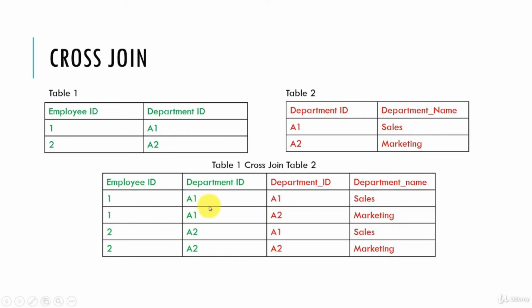So you have 1A joined with sales and marketing, right? And then 2A2 joined with sales and marketing. So if you see, every row from table 1 is joined with every row from table 2. It includes rows from both the tables. So this is a very high level overview of inner joins, where we just take common rows.